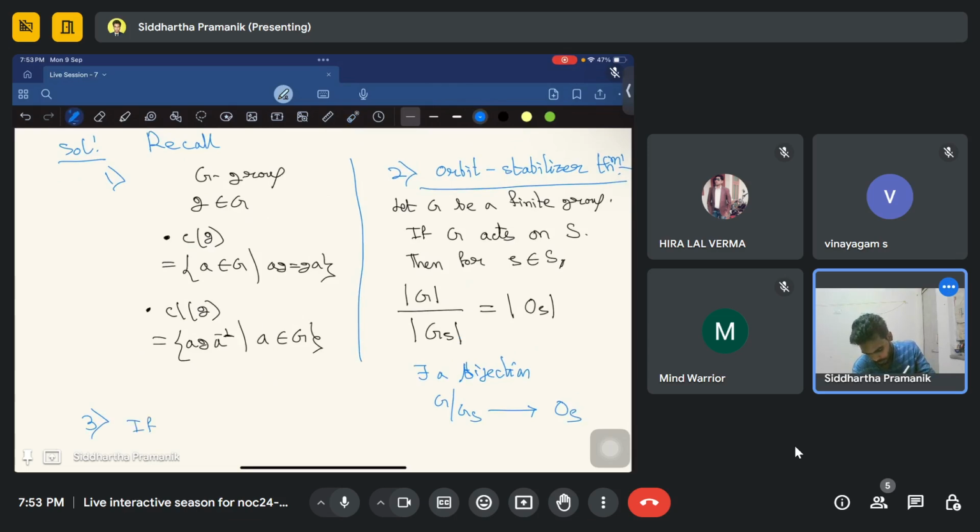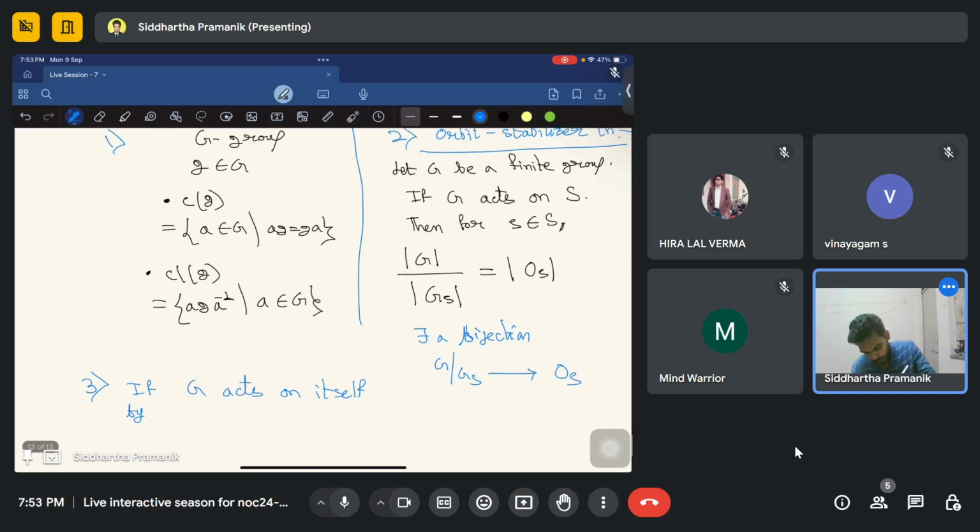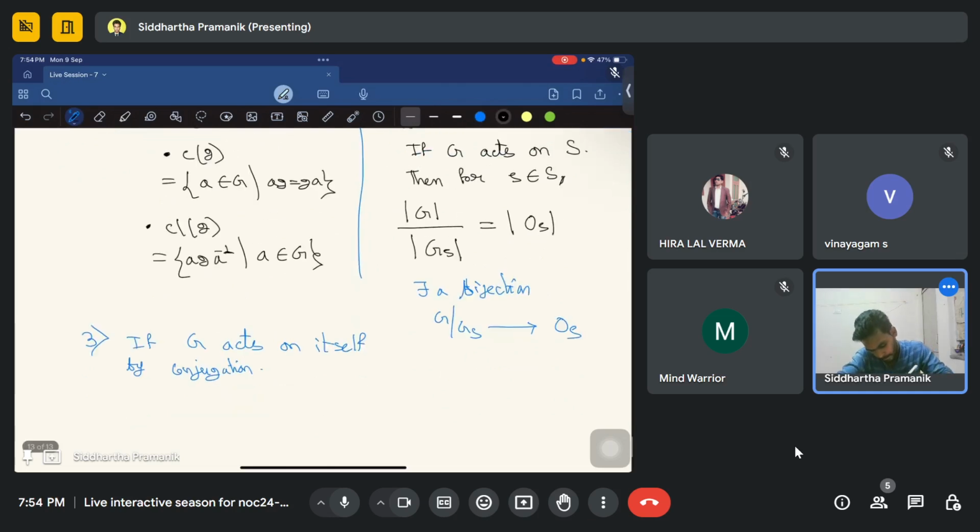If G acts on itself by conjugation, then how do the orbits and stabilizers look?